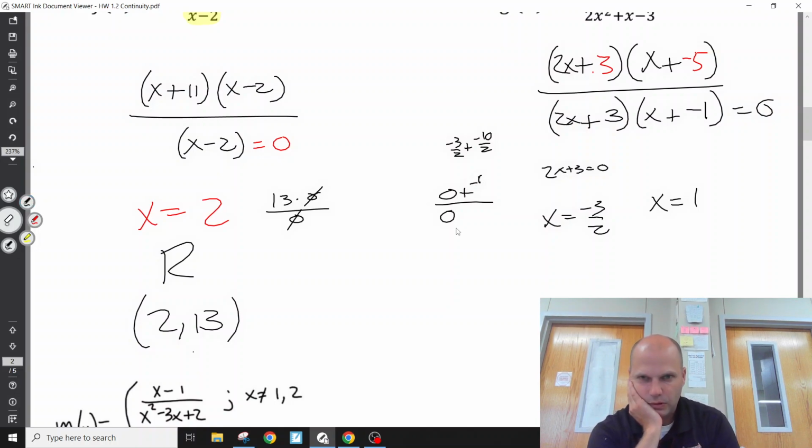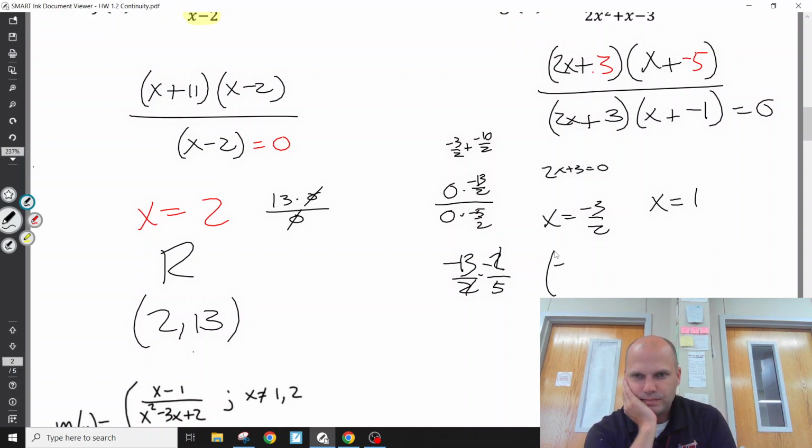It's times 0, and then negative 3/2, negative 2/2, which is negative 5/2. If I divide, it's the same as multiplying by the reciprocal. The 2's cancel. I get 13/5.